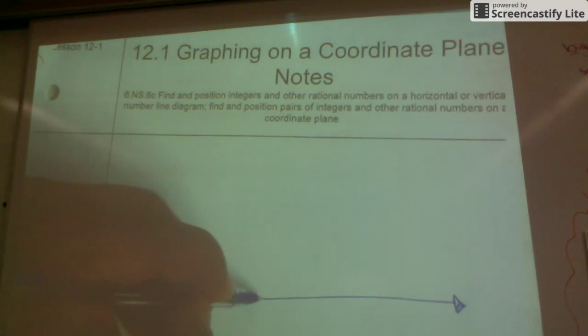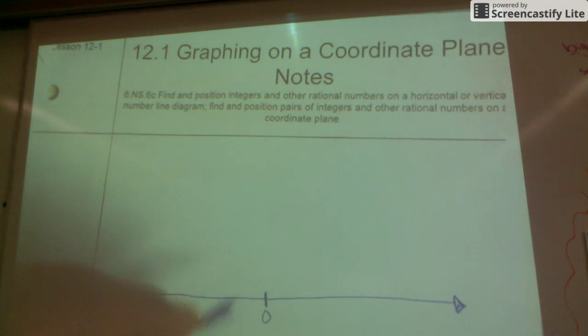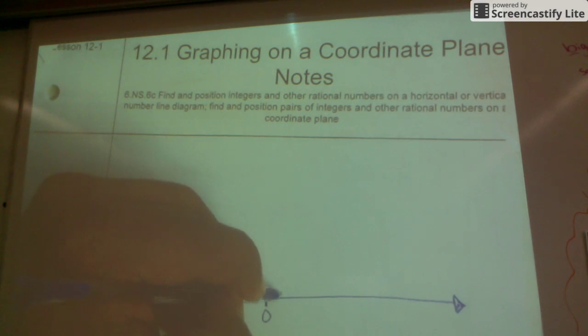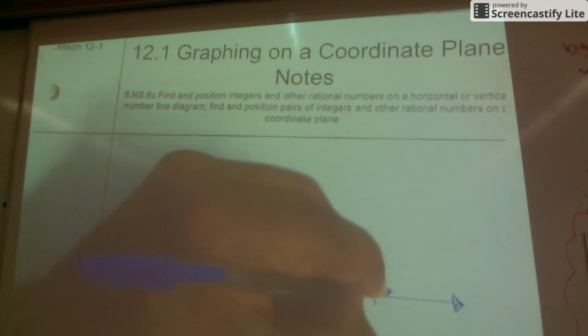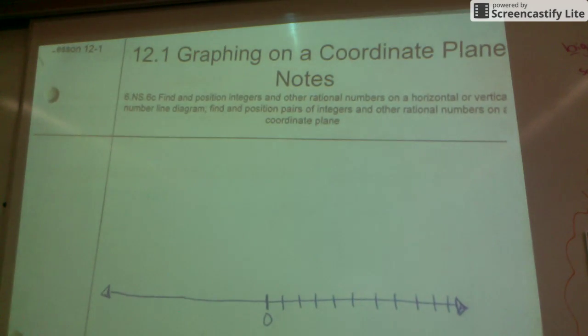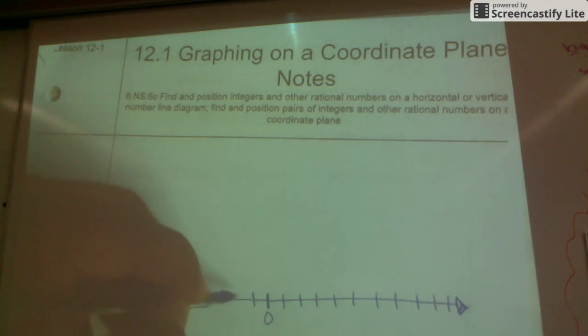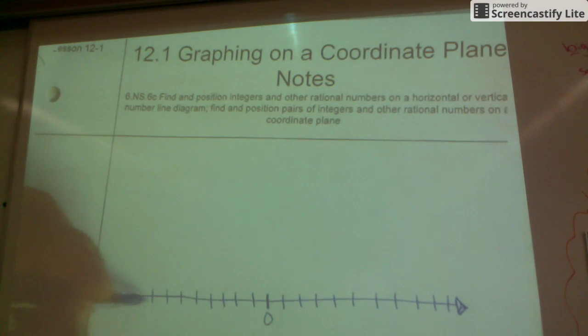Okay, so we know our number line starts at 0, okay, and the numbers that are on the right are what? That's right, positive. So we can start marking 2, 3, 4, 5, 6, 7, 8, 9, 10. And see, what I'm going to be doing is marking these 4, 5, 6, 7, 8, 9, 10.